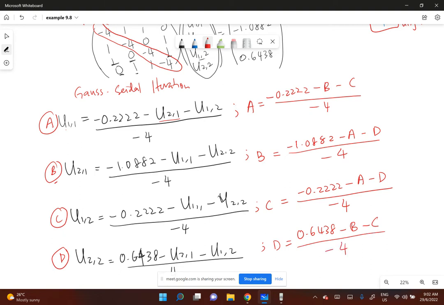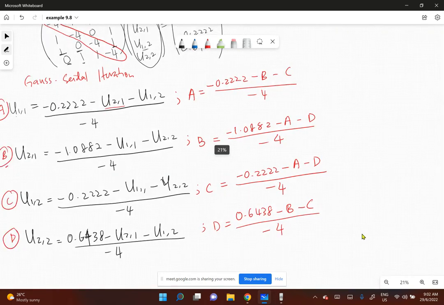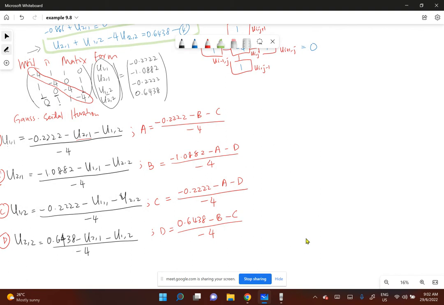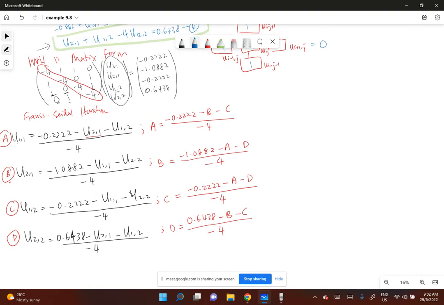So this goes into the calculator, and later on we solve using Gauss-Seidel iteration. For Gauss-Seidel iteration, you remember that we have to draw the table like this.